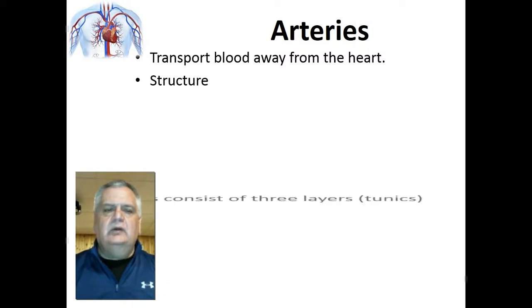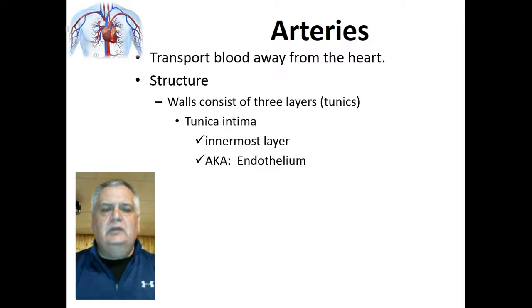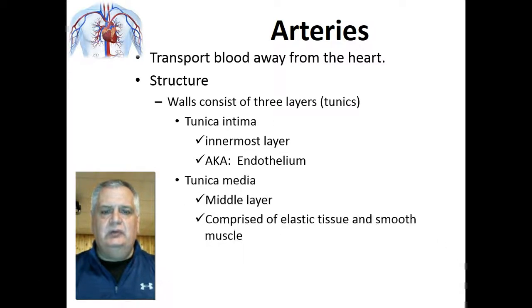Structurally, the arteries are tubes, and these tubes consist of walls that have 3 layers in them. Each of the layers in the walls are referred to as tunics. The innermost layer of the wall is referred to as the tunica intima. This is also known as the endothelium based upon the type of tissue that makes it up.